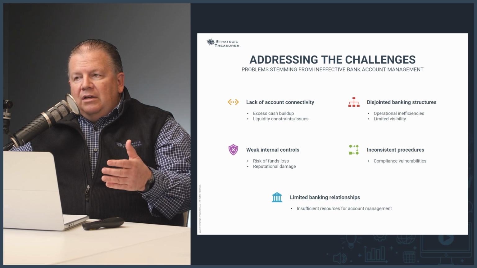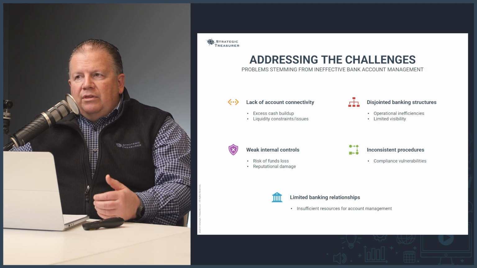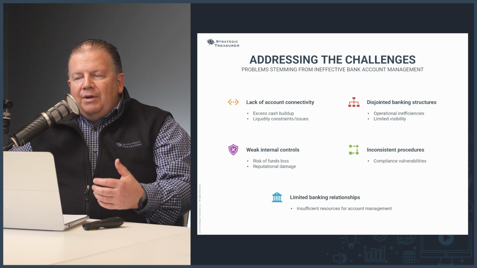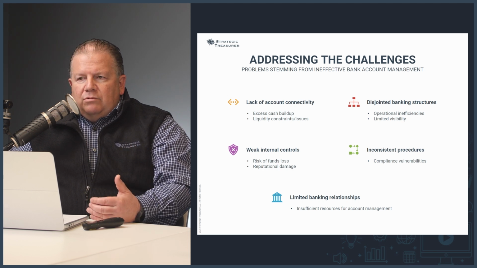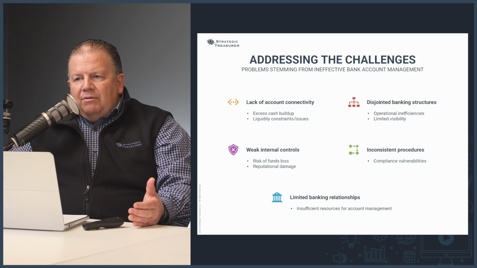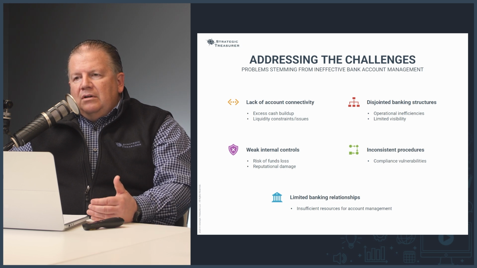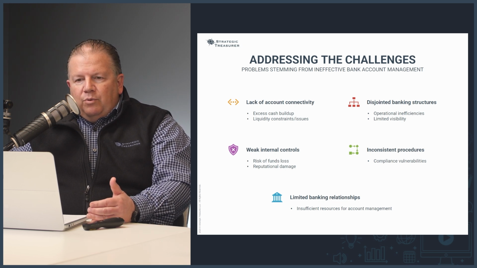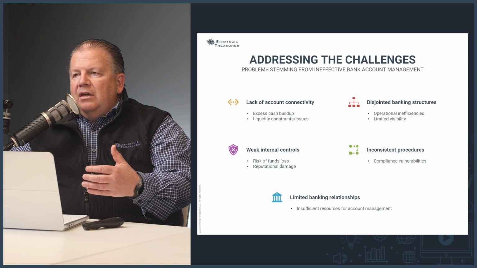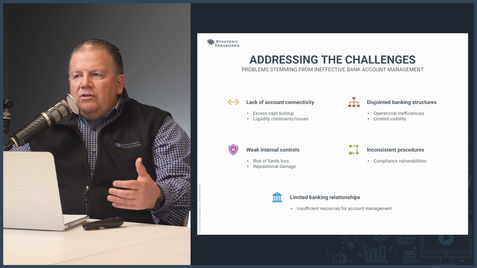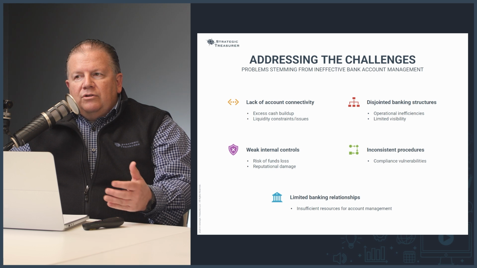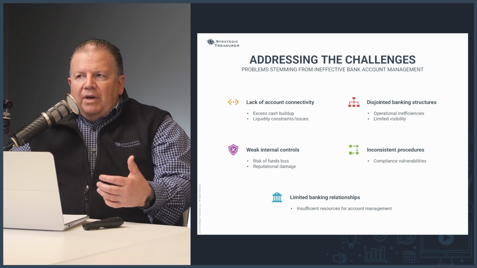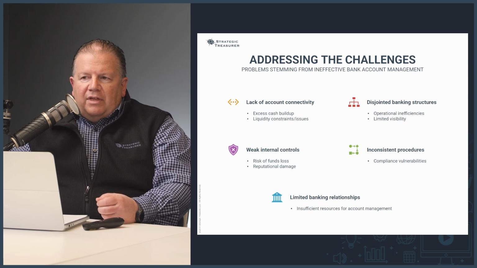One aspect that may link inconsistent procedures with disjointed banking structures: you may have a policy, or maybe you don't, but you believe you should have debit filters on these types of accounts, electronic pre-authorization, electronic positive pay on these other accounts, and these other services to be consistent across your structure. The procedures and the banking structures all need to fit together for that.